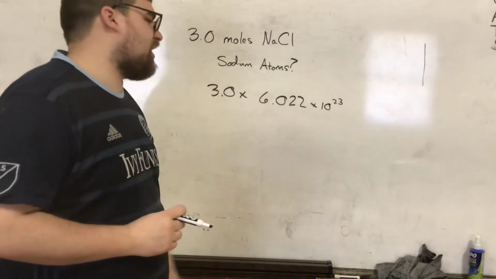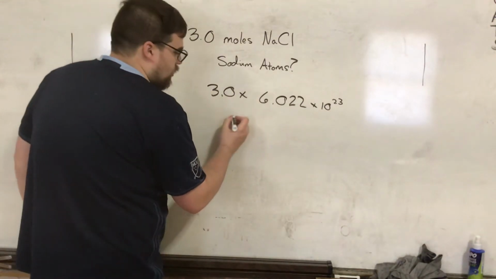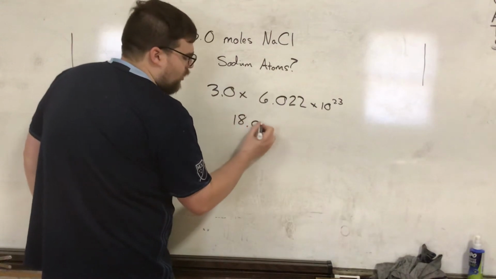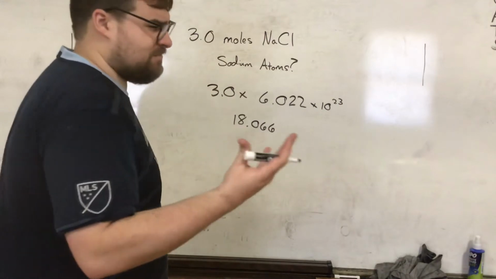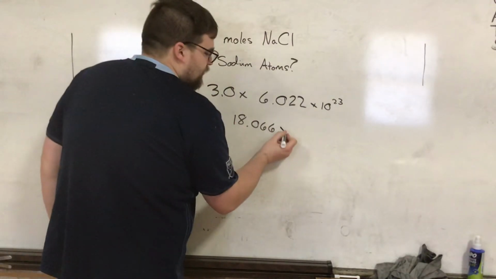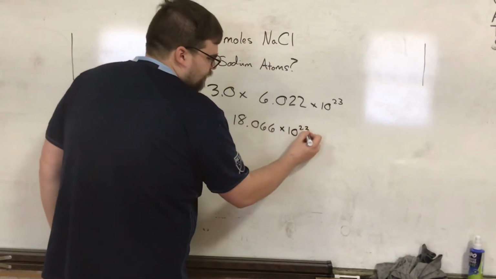So 3.0 times 6.022 is going to be 18.066. If my math is correct, and I think it is, I hope. Times 10 to the 23rd molecules.